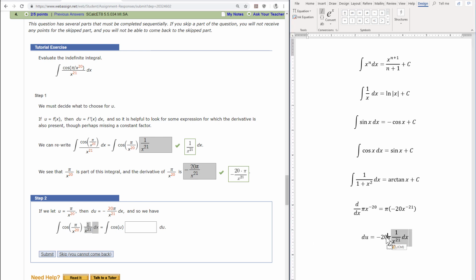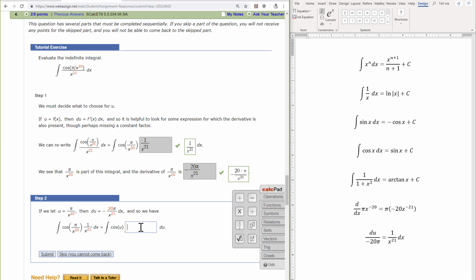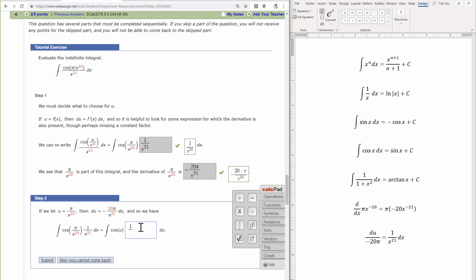And we can just imagine taking this negative 20 pi and dividing it by this here. So our expression will have 1 over x to the 21 dx replaced with du over negative 20 pi, so negative 1 over 20 pi.